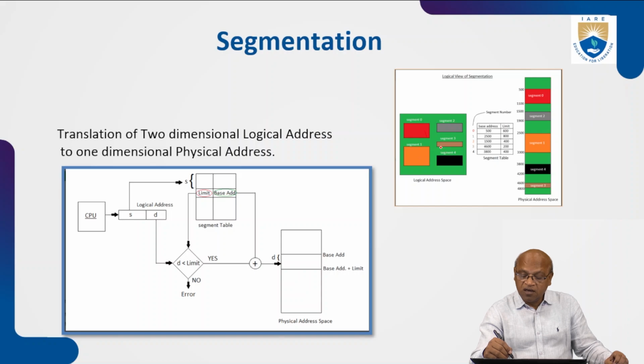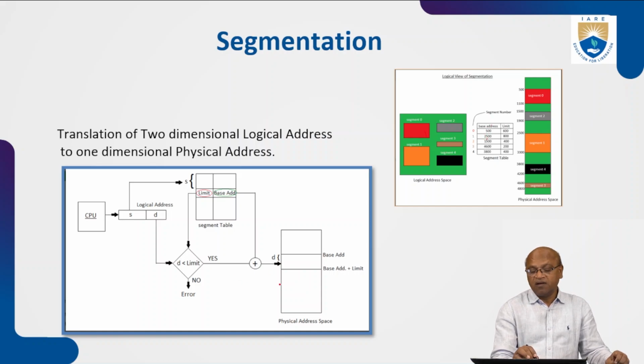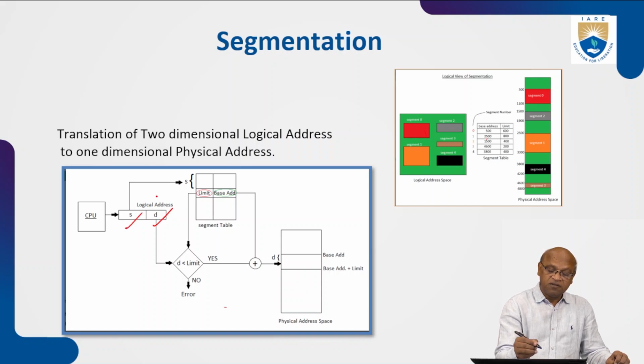This is your logical address space, where our process is divided into parts, and this is the table, which is actually the hardware that maps your logical address to the physical address. As we have seen, this is your logical address, with the segment number and the offset address.